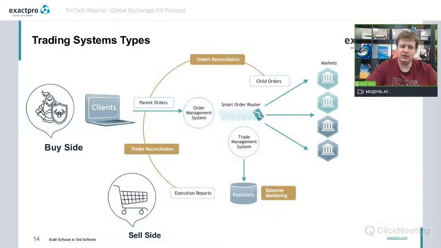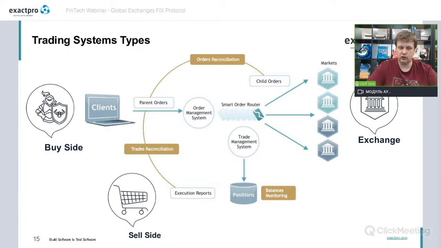Then there is Knight Capital, who in this particular case were sell side. They were responsible for taking clients' orders and routing them to markets. And then there is the third part, markets themselves. So we have all three types of systems present on this slide: buy side, sell side, and exchanges.